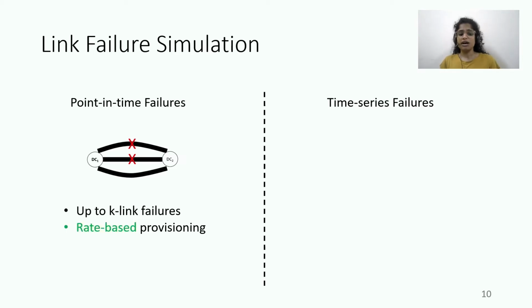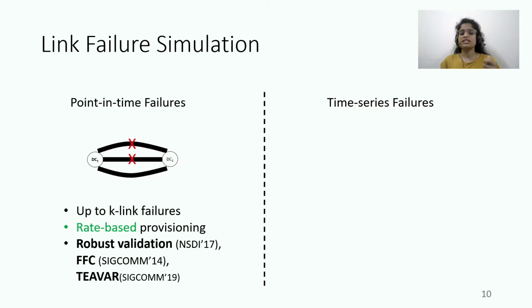For immediate demands, point-in-time failure scenarios make sense since it does not matter for immediate demands whether the link fails for 1 hour or for 10 days. We still need to do full redundancy provisioning, and hence rate-based provisioning makes sense for immediate demands with point-in-time failure scenarios. Previous work such as robust validation of network designs, forward fault correction, and TVAR have also used point-in-time failure scenarios.